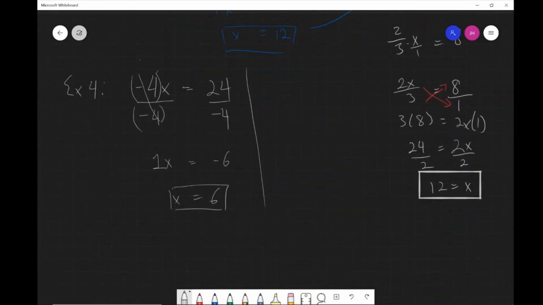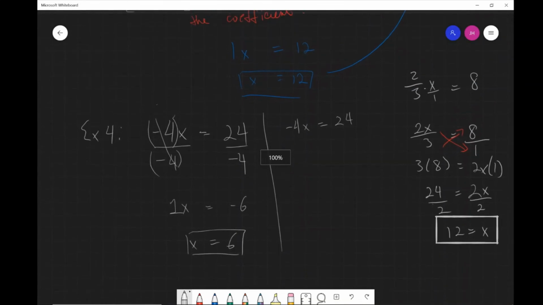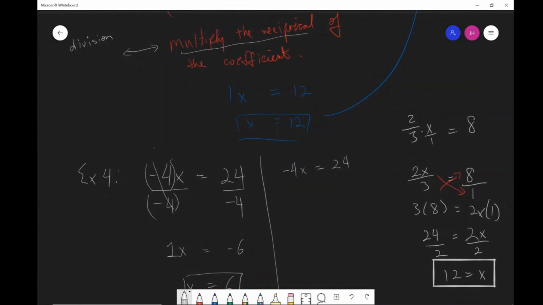You can take a look at question number 4 here. I start off with -4x equal to 24. According to the notes on the previous questions, you should multiply the reciprocal of the coefficient. The coefficient in here is what? -4.